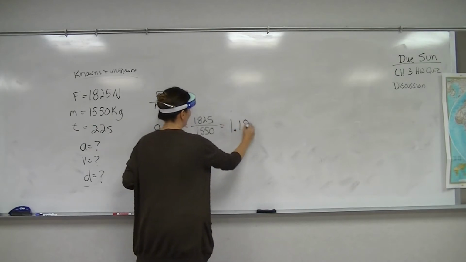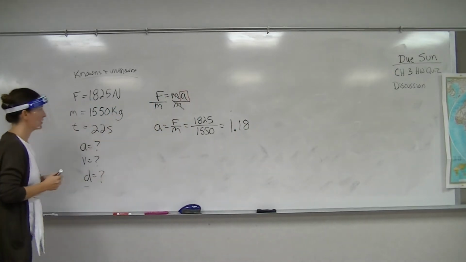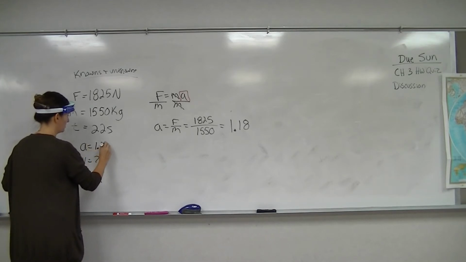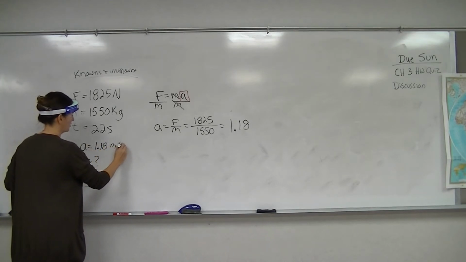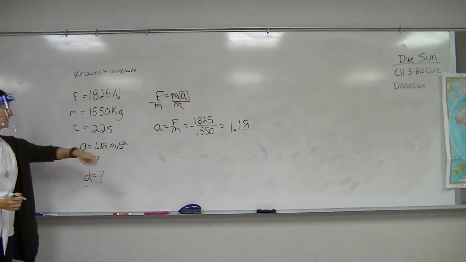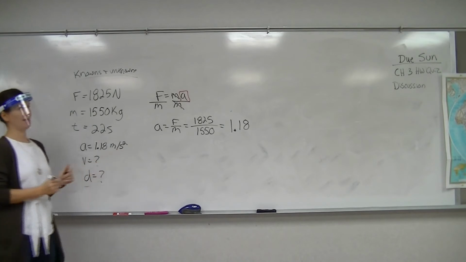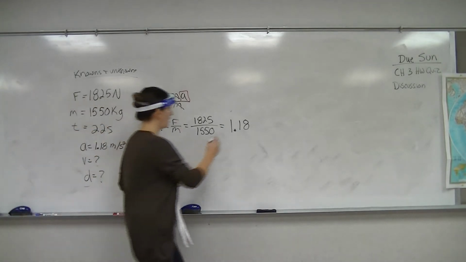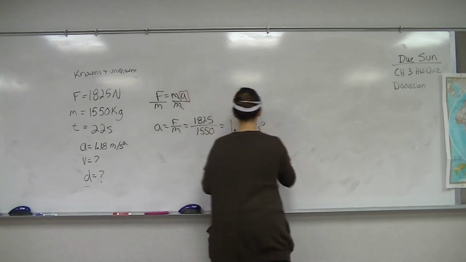I get 1.18. What are the units on acceleration? Meters per second squared. So it's slightly different than velocity because we're squaring that seconds. Velocity would just be meters per second. So we've solved for 1.